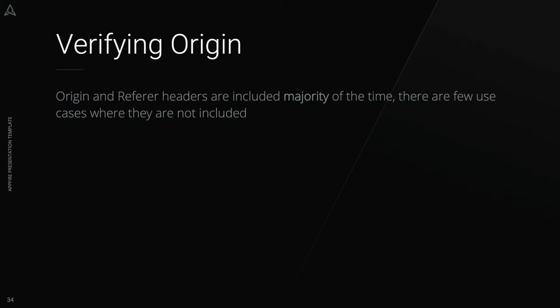By analyzing this domain or path, you can decide if the request came from a valid destination or from a foreign destination, and then you can forbid or permit actions in your program. The problem is that Origin and Referer headers are included the majority of times, but there are a few cases where they're not included. That's why I believe that the most reliable and simplest way to prevent CSRF attacks is the synchronizer token pattern.